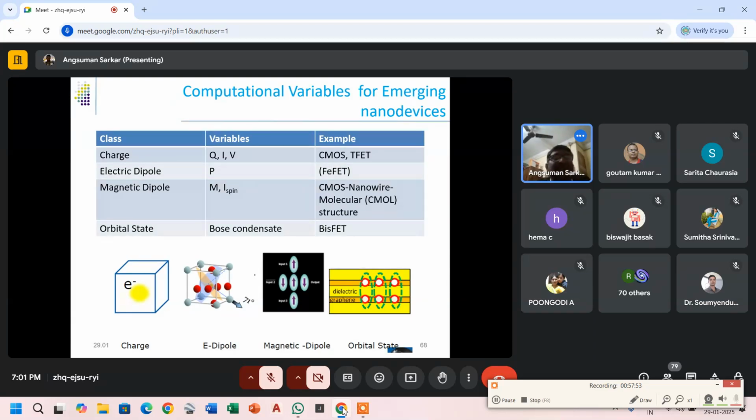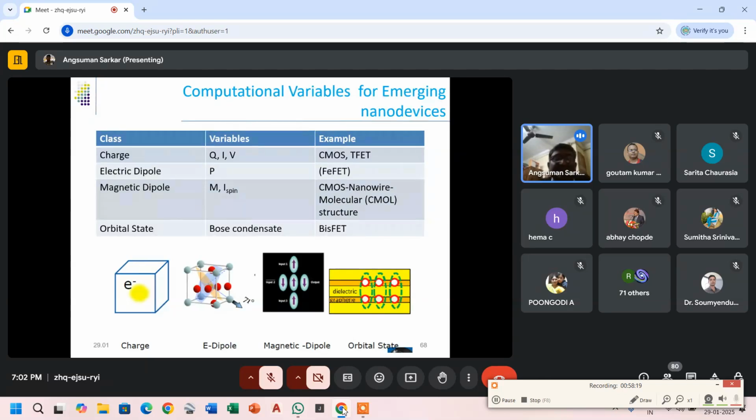Electron dipole based, so the variable is P. That example is a FEFET, a ferroelectric device. Magnetic dipole, depending on the spin of the current or magnetic material, as in CMOS structures or nanowire molecular structures. Orbital state, where the variable is Bose condensate; the example is BiSFET.